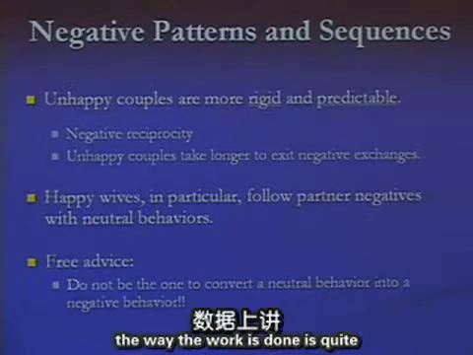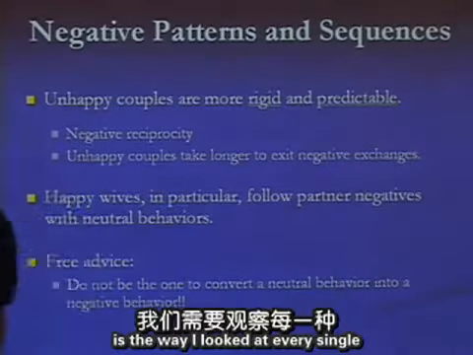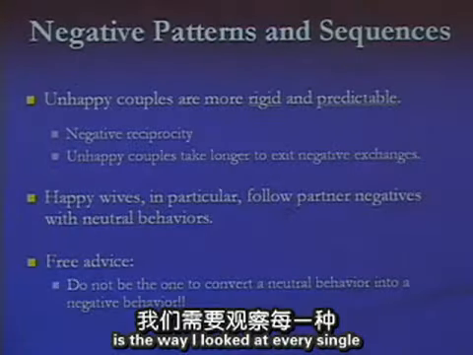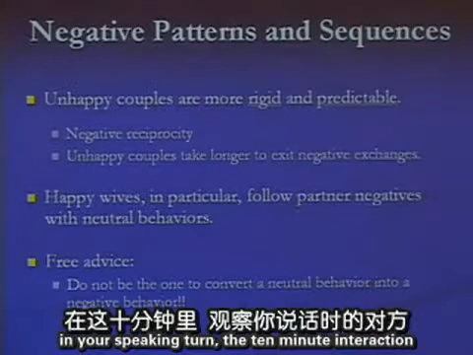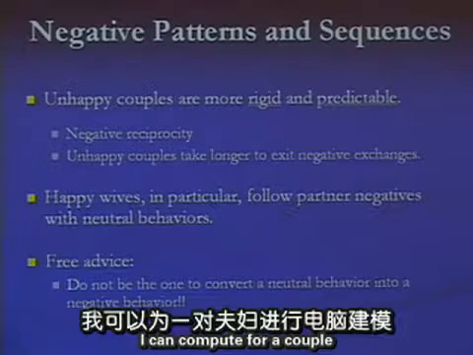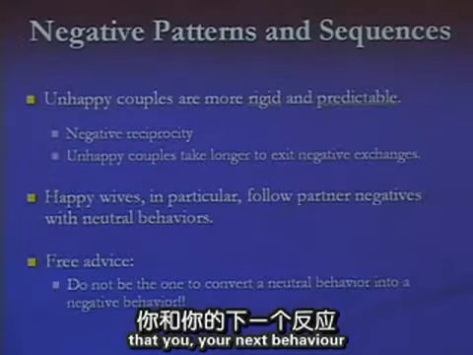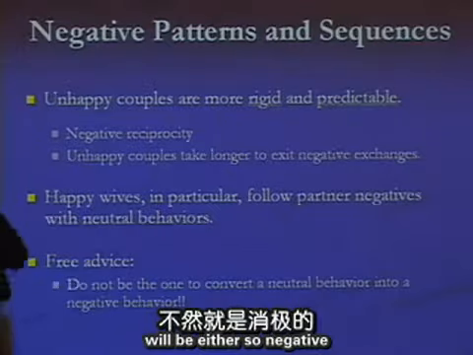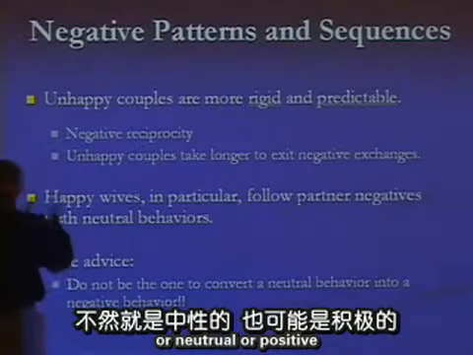So, for example, the way this work is done, it's quite complicated statistically, is I look at every single, let's say, negative coded behavior, negative speaking turn in your 10-minute interaction. And for every time I'm negative, I can compute for a couple the statistical probability that your next behavior will be either also negative or neutral or positive.